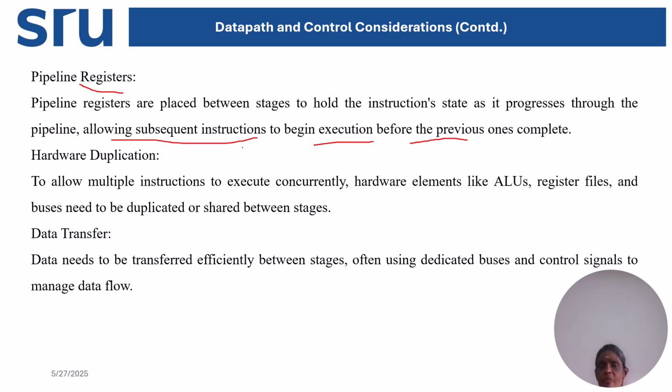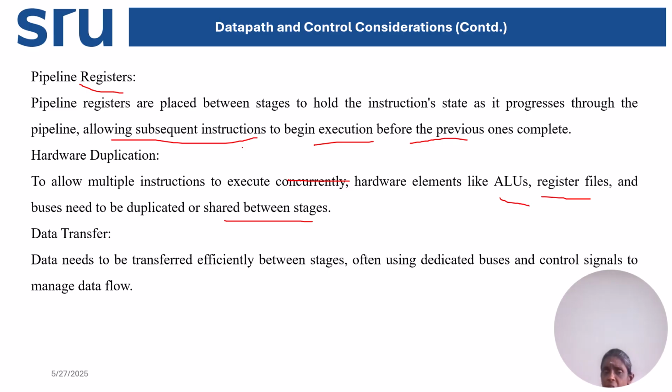And then hardware duplication, to allow multiple instructions to execute concurrently, simultaneously. Hardware elements like ALU, register files, and buses need to be duplicated or shared between stages. If a bus is shared, it is duplicated. In the same way, if an ALU is shared between two processors, then it is duplicated. Then data transfer.